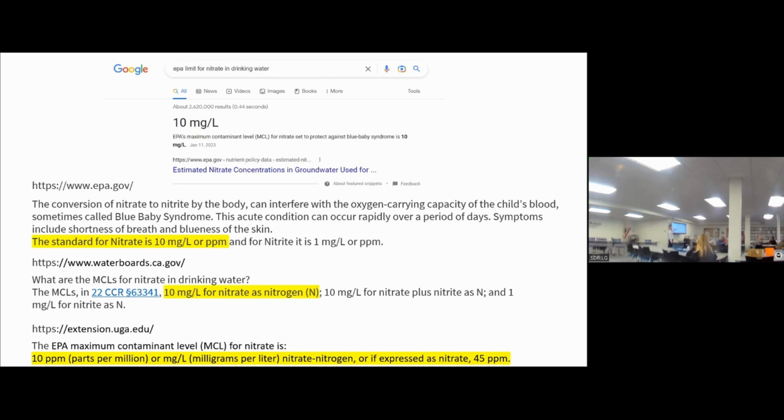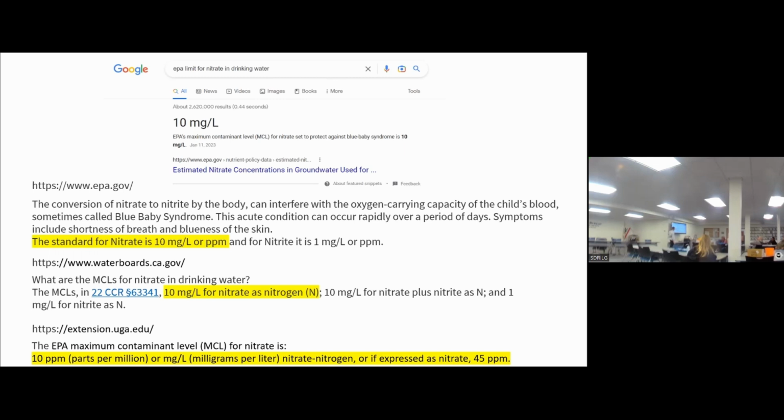So the EPA said, okay, nationally, there cannot be any drinking water above 10 milligrams per liter. Check this out. I went to the EPA and it says the standard is 10 milligrams per liter, or ppm, for nitrate. Then you go to the water boards and they say 10 milligrams per liter for nitrate as nitrogen. What does that mean? Here they say nitrate, and here they say nitrate as nitrogen. What do they mean, as nitrogen?